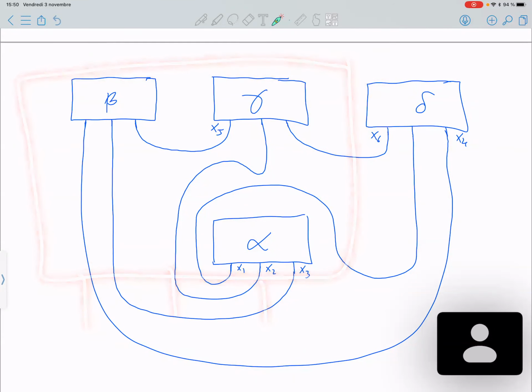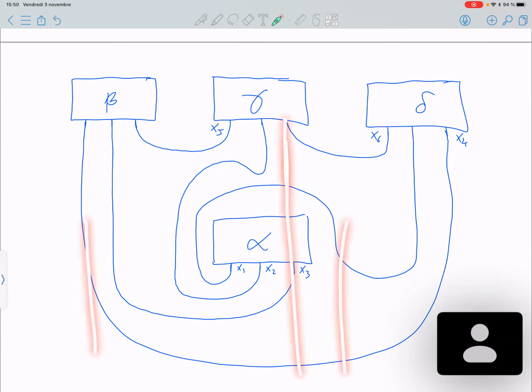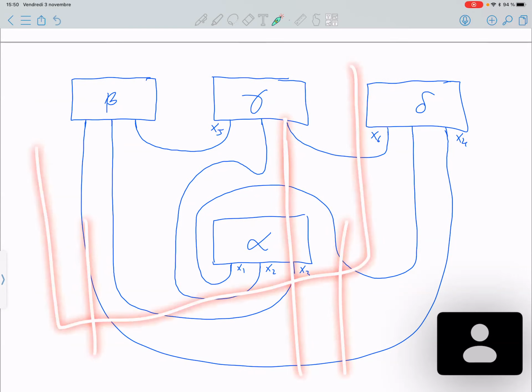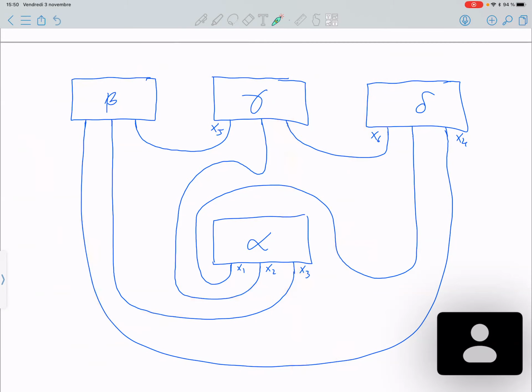What are these three things? This one is first here, one is here, and one is here. So you have these three things seen like that. Okay.